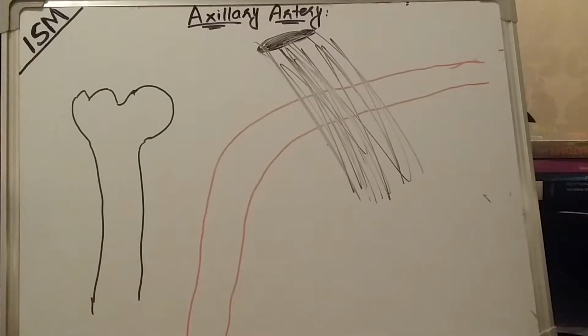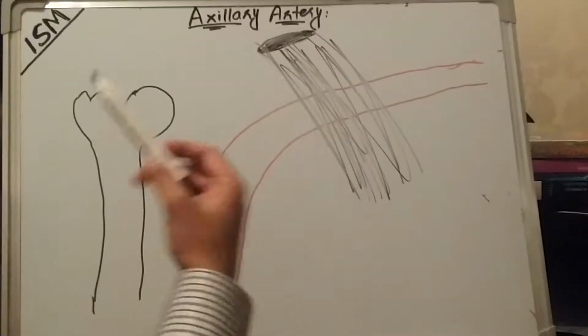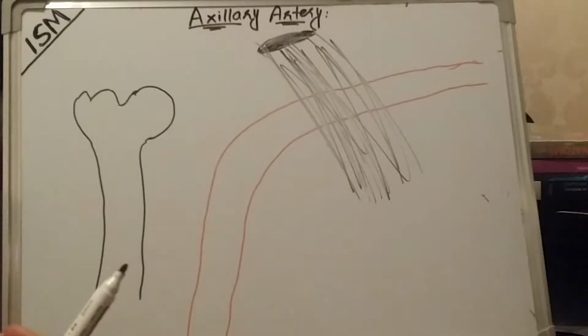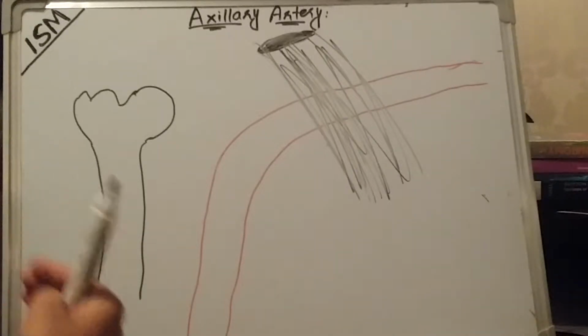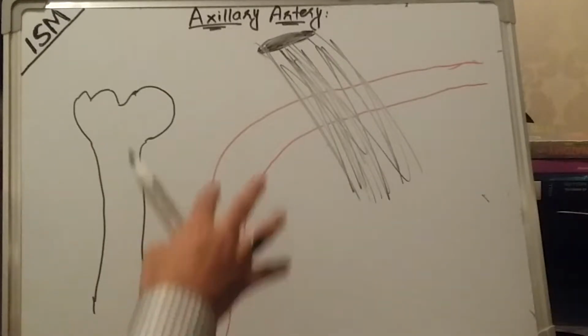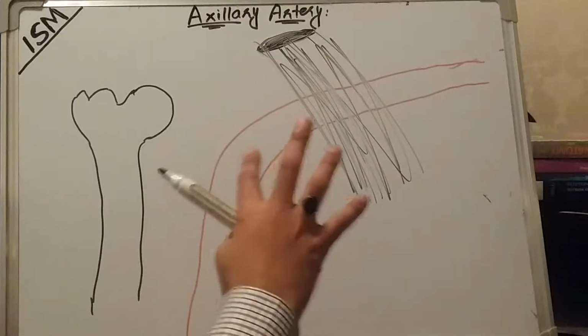As I mentioned in the previous lecture, the subclavian artery has three partitions: one before the scalenus muscle, the second one between the scalenus muscle, and the third one after the scalenus muscle. Like that, the axillary artery is divided into three main regions.